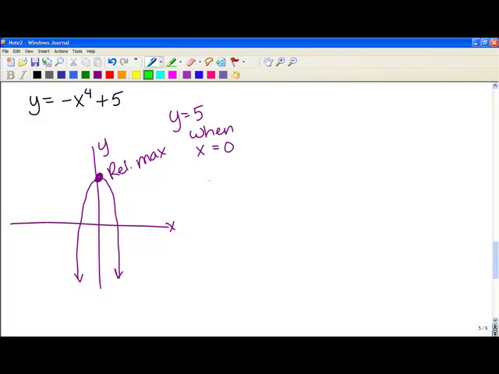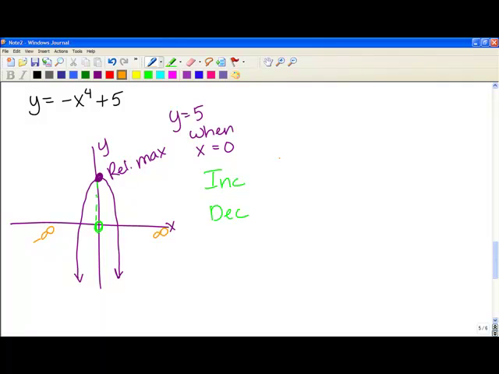Now, when we talk about the increasing and decreasing again, we're going to use only the x value. So we're going to use 0 right here. And let's see what is happening. Now, the function is heading to the left, and it's going to be going over to negative infinity on the very left side of the x-axis, and then the function's heading towards the right, it's going to head over towards positive infinity.